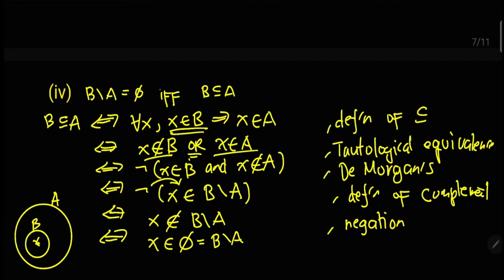So we start with the fact that B is a subset of A, and this is equivalently saying that B except A is an empty set. So we are done.